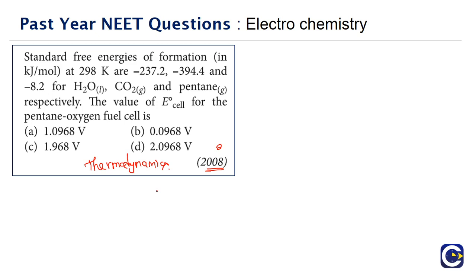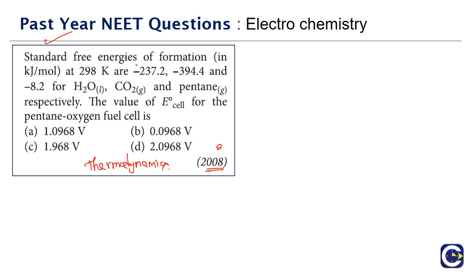But if you look at the electrochemistry chapter, we'll see most of the questions in earlier times, like 2005, 2008, that range, happen to be a little bit more numerically challenging than what we are seeing in the recent years. But anyway, this is just one remark we can keep in mind.